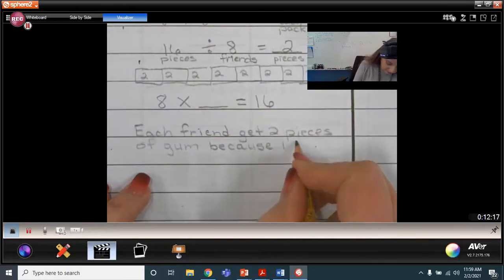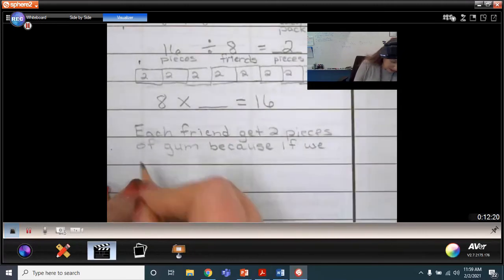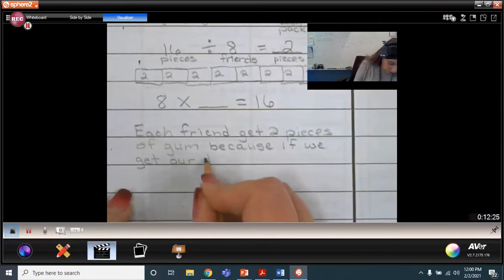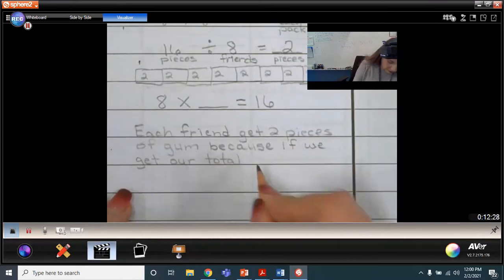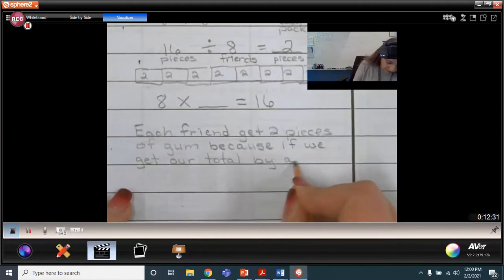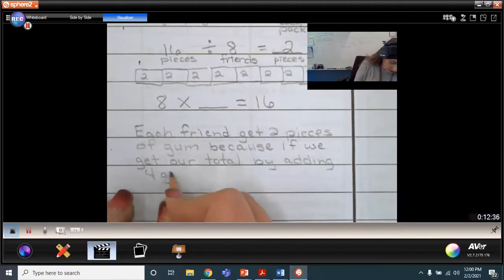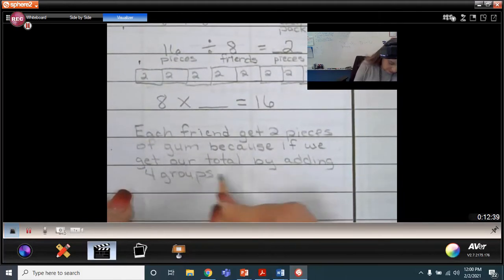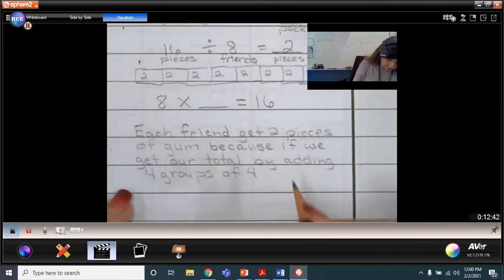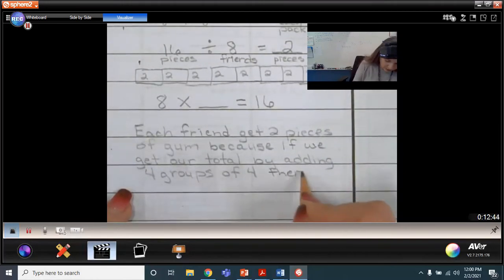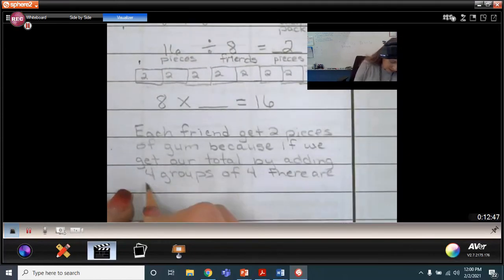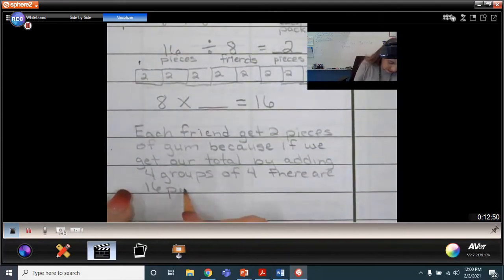Because if we get our total, because we had to find the total first, by adding 4 groups of 4, there are 16 pieces. Now remember, these are total pieces, right? Then our next step was to take the 16 pieces.